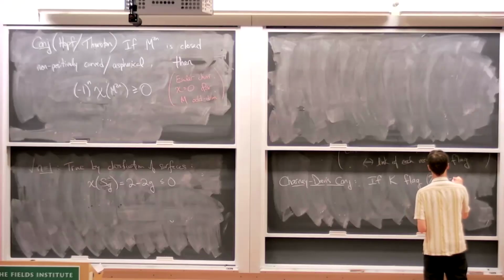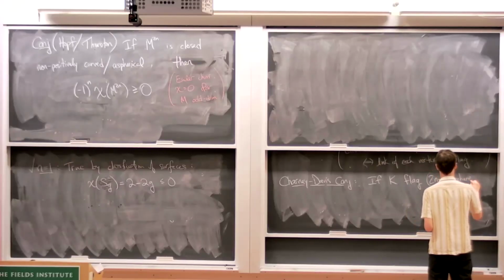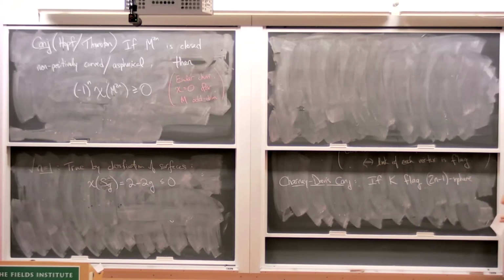By that I just mean it's a simplicial complex that triangulates a 2n minus 1 sphere.